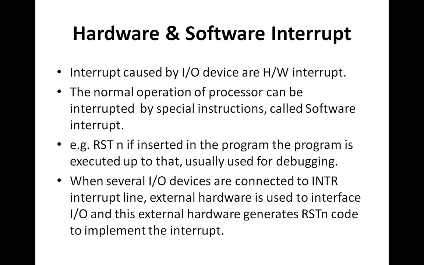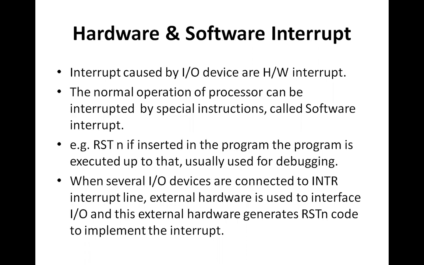Now, what is hardware interrupt and what is software interrupt? We have another category of interrupt, that is hardware interrupt and the software interrupt. Whenever there is an interrupt which is caused by any input-output device, that is called hardware interrupt. The normal operation of a microprocessor can only be interrupted by an abnormal internal condition or by providing a special instruction.